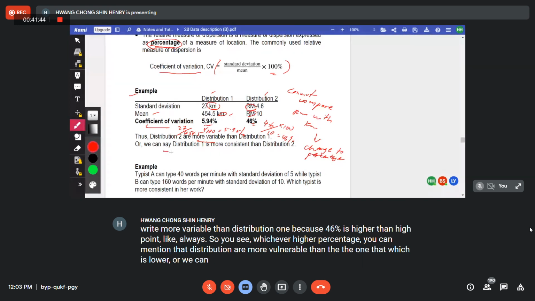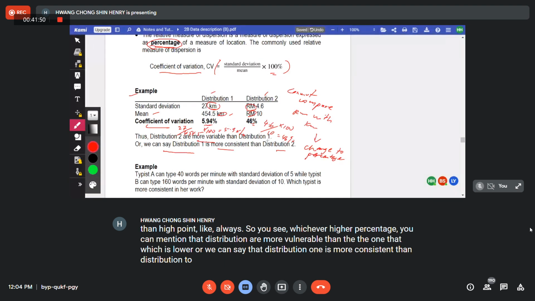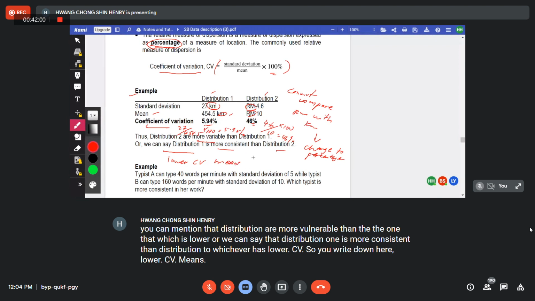Or we can say that distribution 1 is more consistent than distribution 2. Whichever has lower CV, write down here: lower CV means higher consistency.